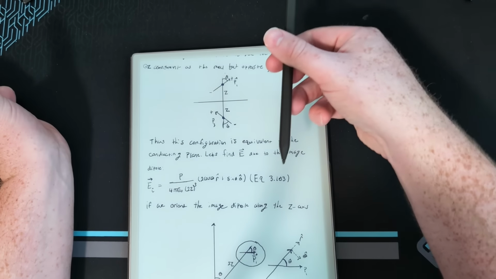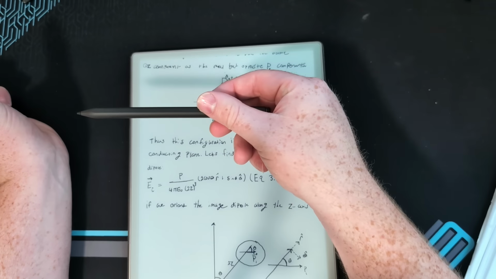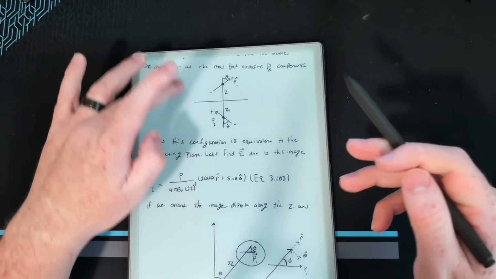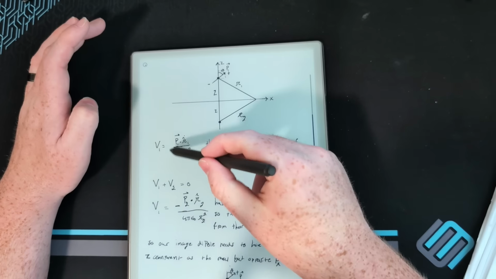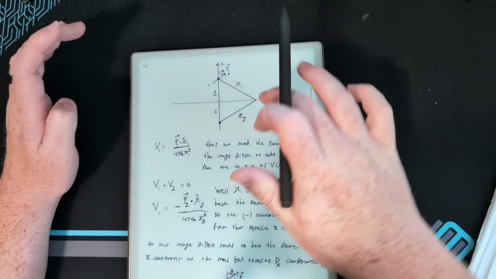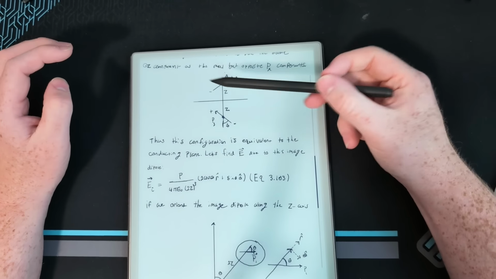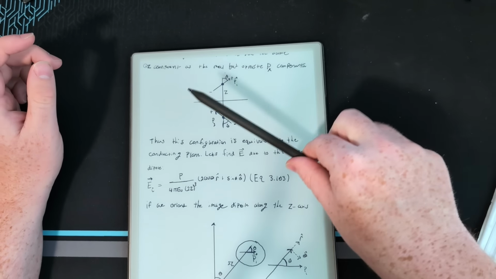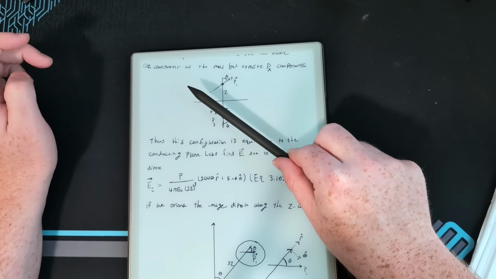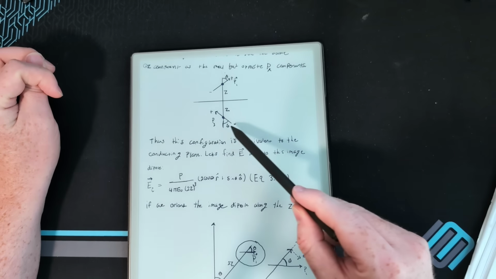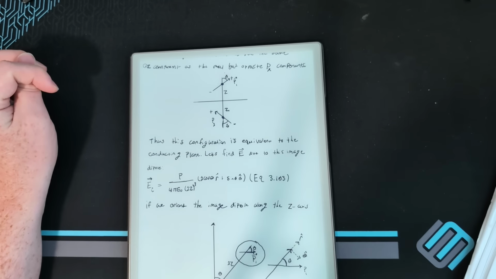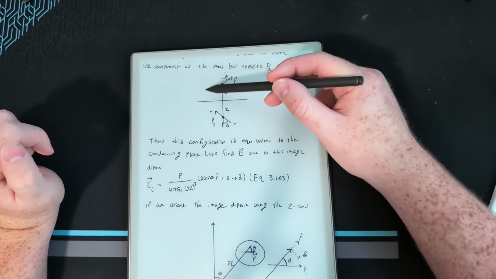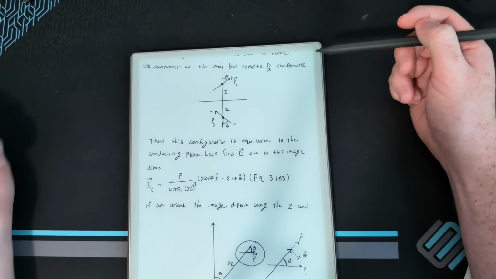Because if the z component was flipped also, we'd have a negative and a negative, which would be positive, and we don't get this negative sign when we do this dot product. So the only way we're going to get this negative sign is if we have one of the components flipped and one of them the same. So we're going to flip around the axis and have our dipole oriented this way with an angle theta like that. And that sort of configuration should give us a potential of 0 along this plane.